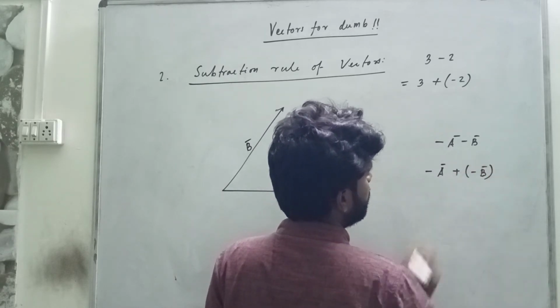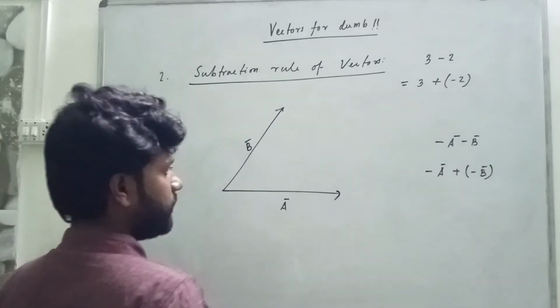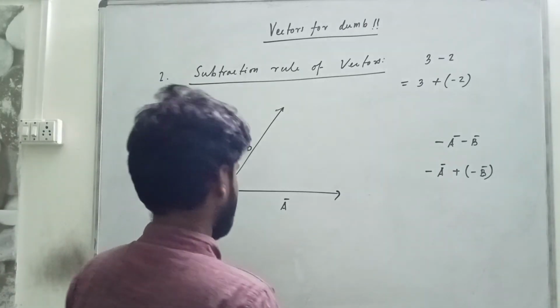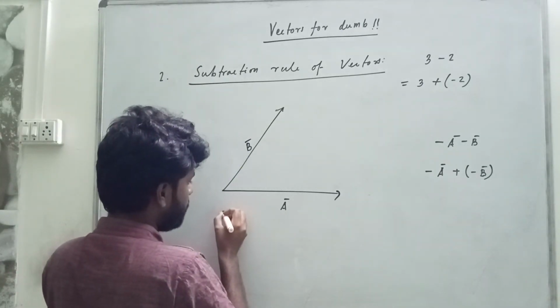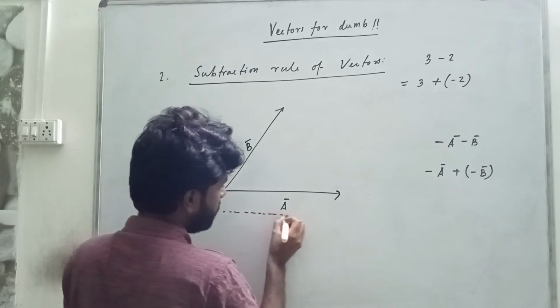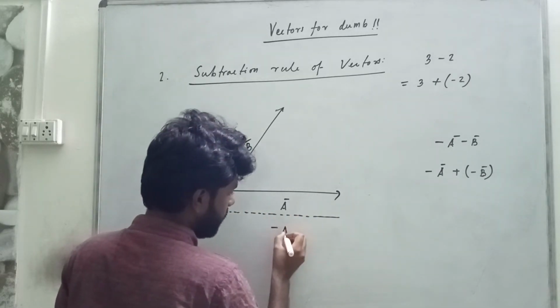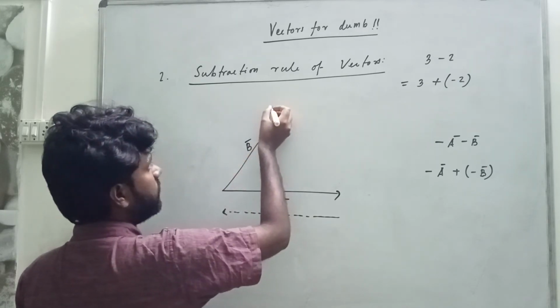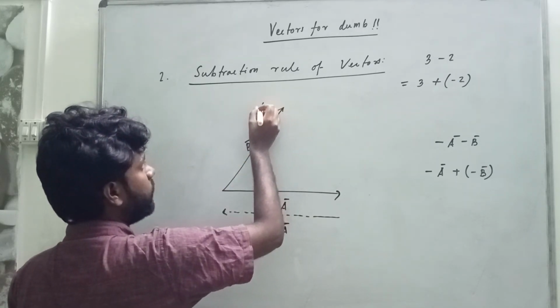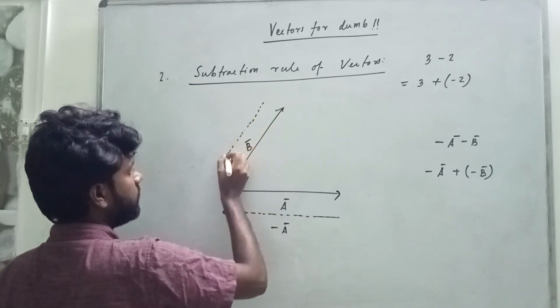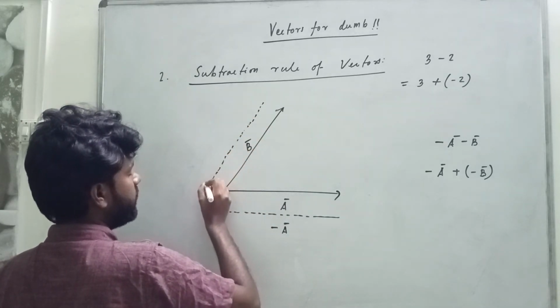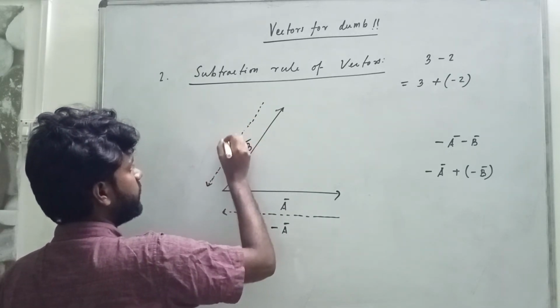So first of all, draw from a to minus a. Just very simple, just oppose the direction of this straight line. So it is our minus a, and from b, oppose it. It will be minus b here, right?